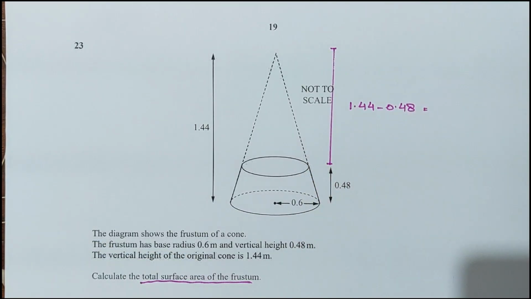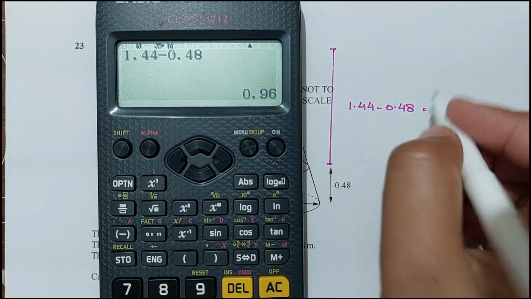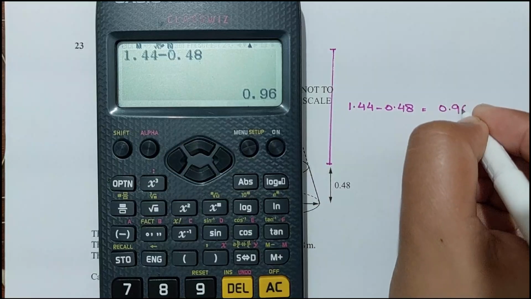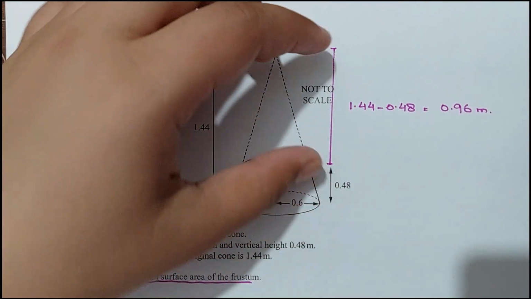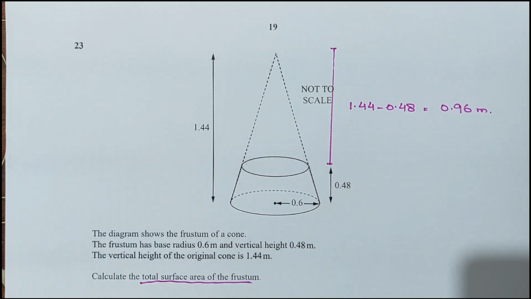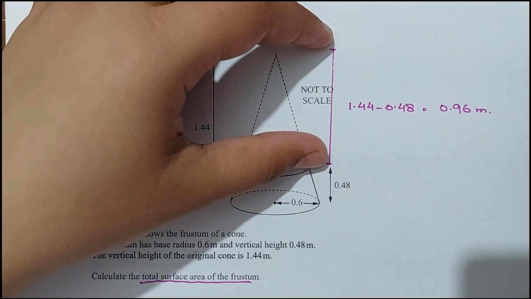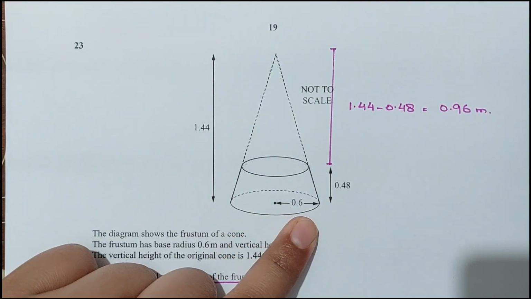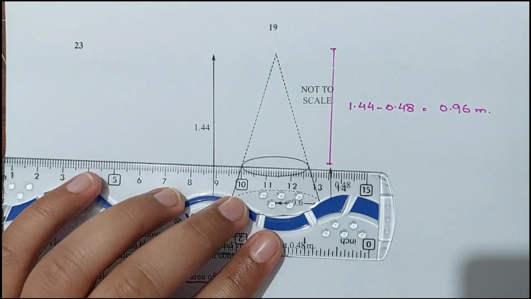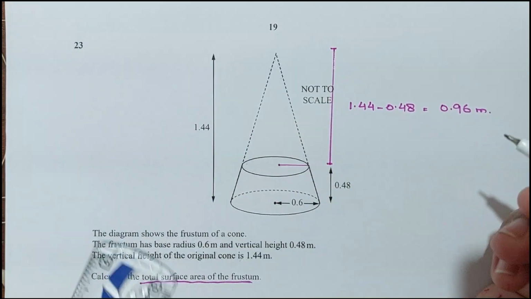This would be the height of the smaller cone. 1.44 minus 0.48 is 0.96 meters. That is the height of the smaller cone. Now we have the height of the larger cone, the height of the smaller cone, and the radius of the larger one, but we don't know the radius of the smaller one. This would be the radius of the smaller one.